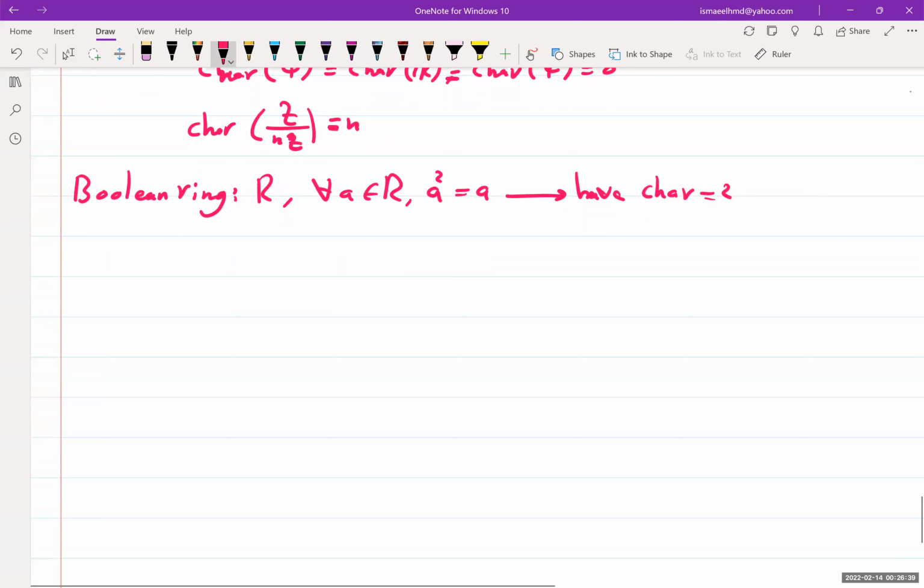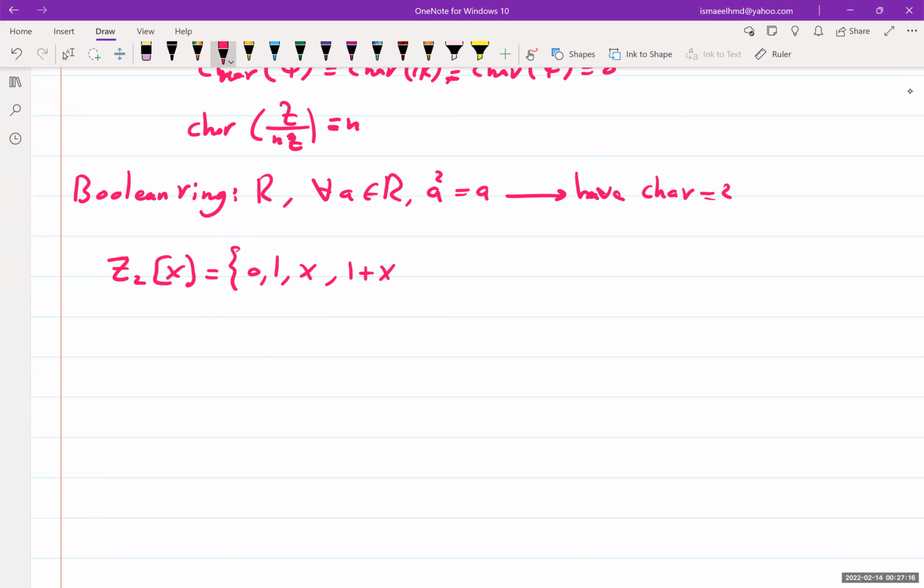Of course, the converse is not true, since we have the ring Z2[x], which contains the elements 0, 1, x, and 1 plus x, because it is the set of polynomials with coefficients in Z2, which are 0, 1.